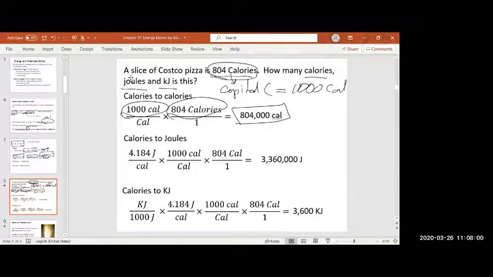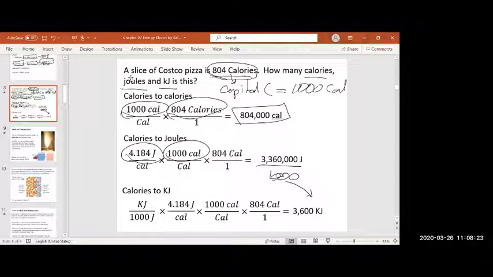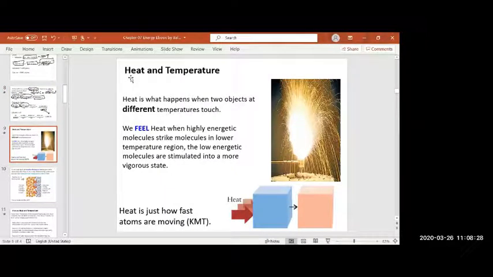Now calorie to joules: you multiply by 4.184 joules, after first multiplying by 1,000, and we get this amount in joules. Now for kilojoules, just divide this by 1,000 and you get the kilojoules. As I said, guys, we already talked about this in chapter 1, so you can go back and review it there quickly. But we will just focus on the stoichiometry of the enthalpy.